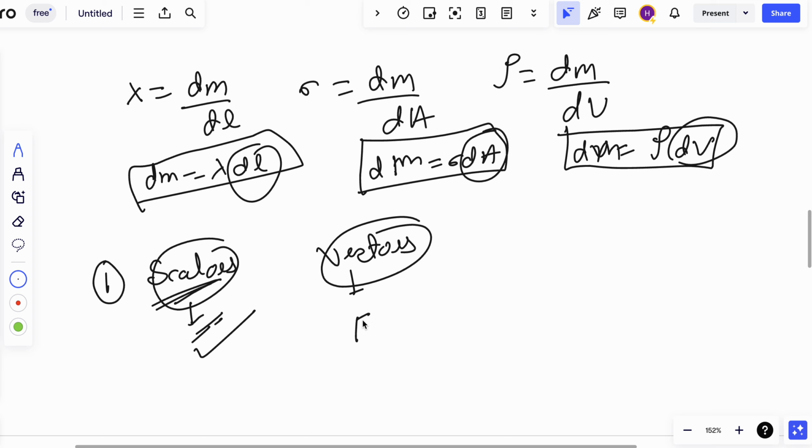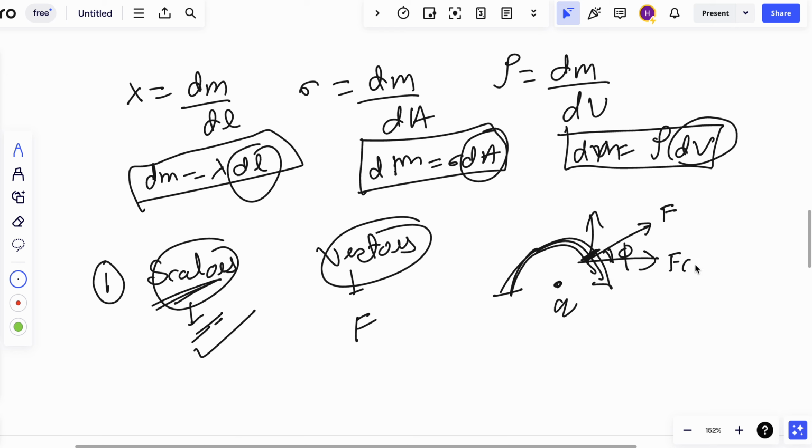But in case of vectors like force, suppose there is some ring here, and you need to find out the force of this charge on this part, there will be angles here. This will give a force like this. So there will be two angles, right? F cos theta will be there, F sin theta will be there.